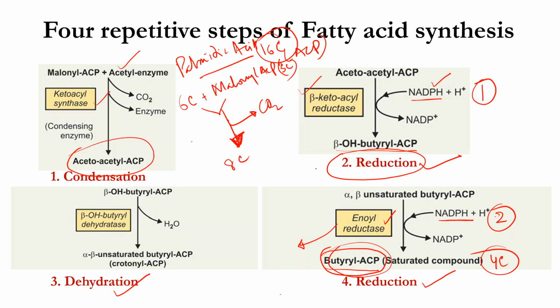So 6 plus 3 is 9, 1 carbon dioxide is released, so 9 minus 1 is 8. Now this 8 carbon will again go through these 4 steps, 1, 2, 3, 4, that is condensation, reduction, dehydration, reduction. This again combines with another malonyl ACP.